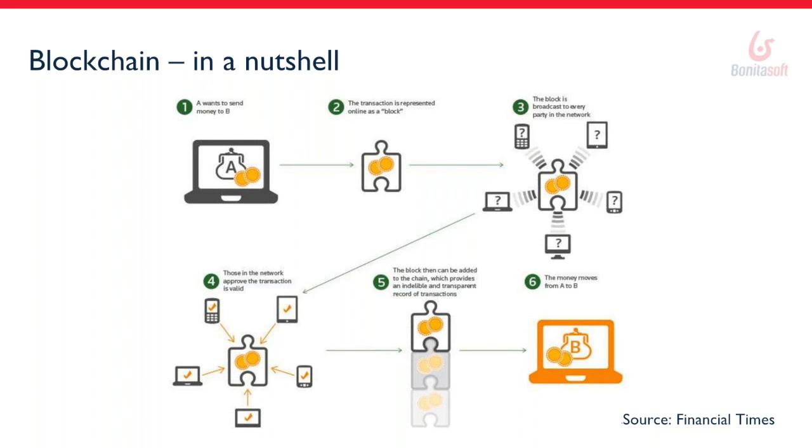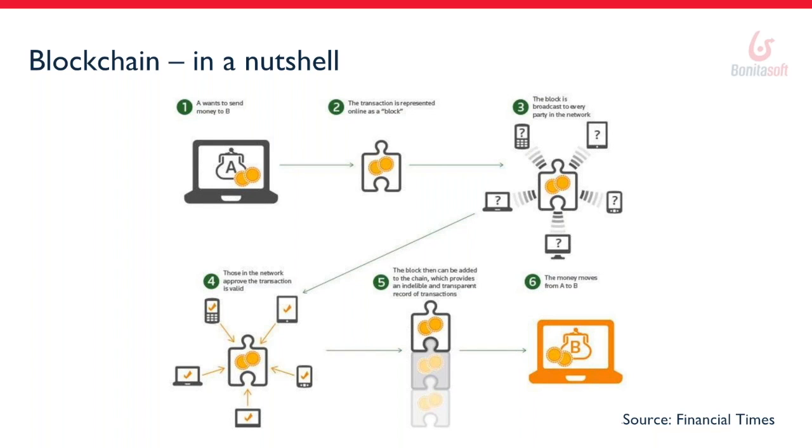So in a blockchain, how would you do that? Basically, the movement of money from A to B will be described in a transaction. This transaction will be added as a block. This block will be broadcast to every party in the network. The blockchain network will process the transaction and validate it or reject it.